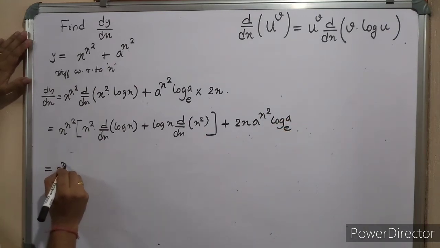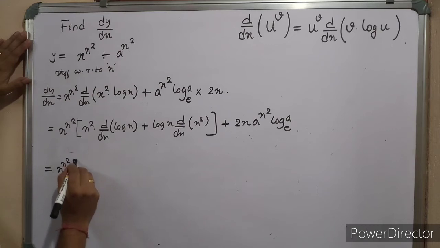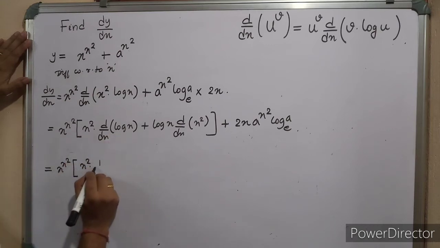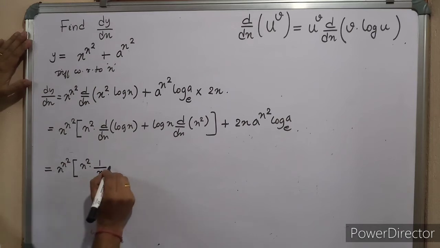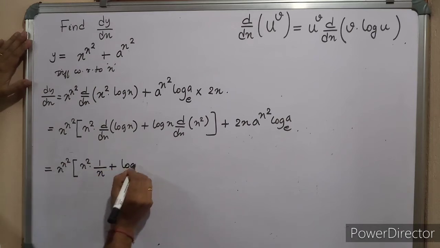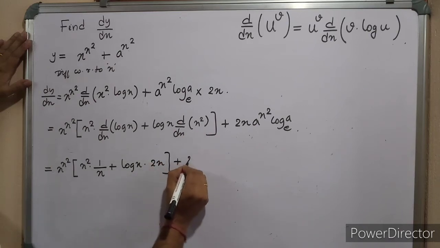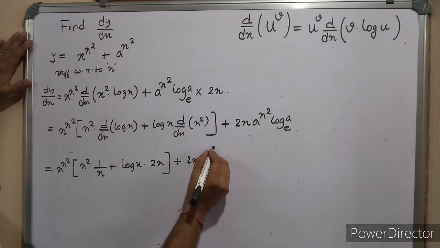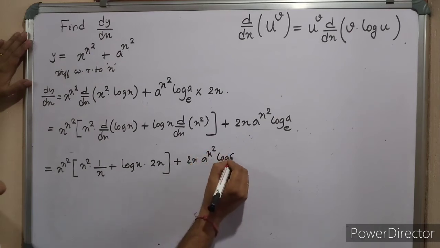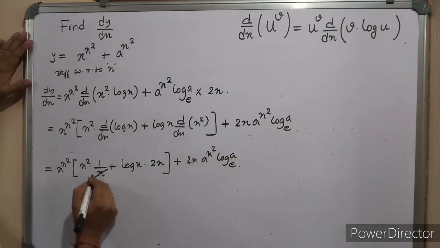Now x to the power x square, it is, let's say x square into the derivative of log x, which is 1 upon x, plus log x into the derivative of x square, which is 2x. Plus 2x a to the power x square log a to the base e. Cancel.